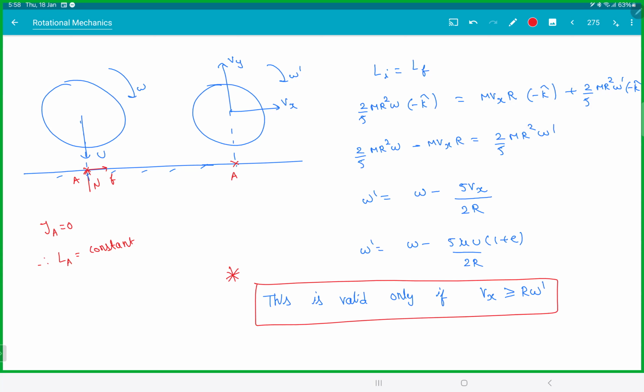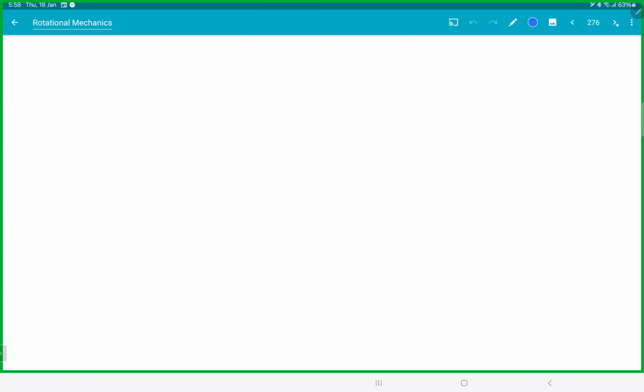What happens when Vx becomes equal to R omega dash?